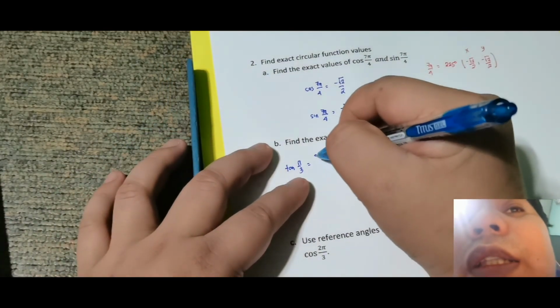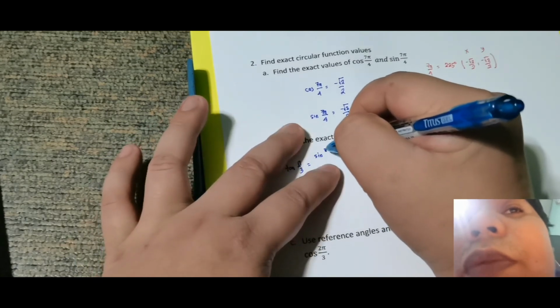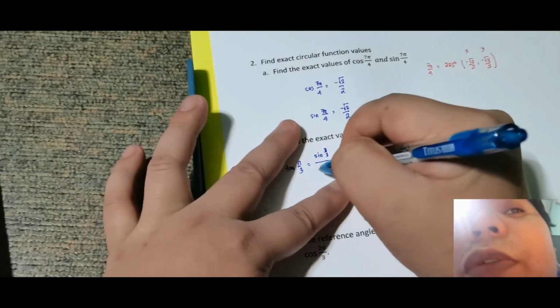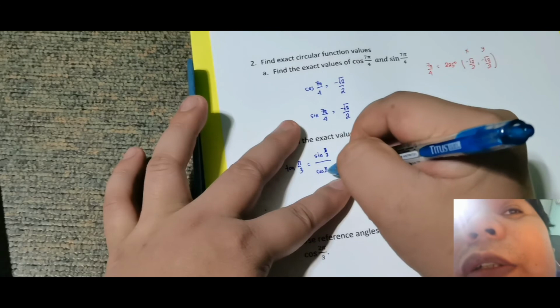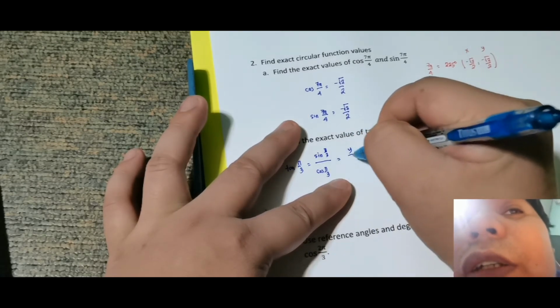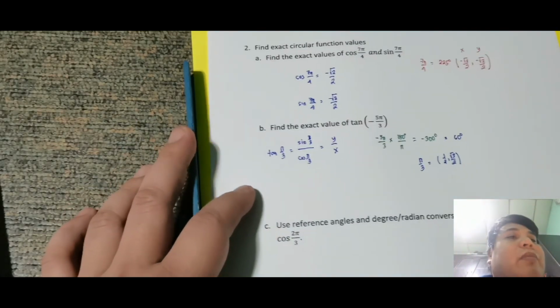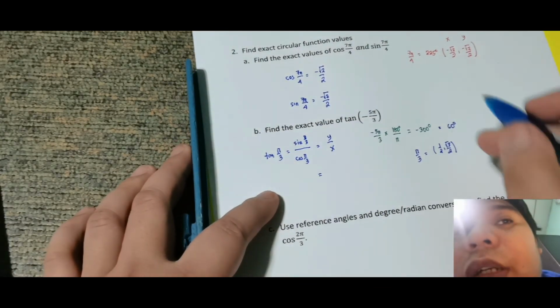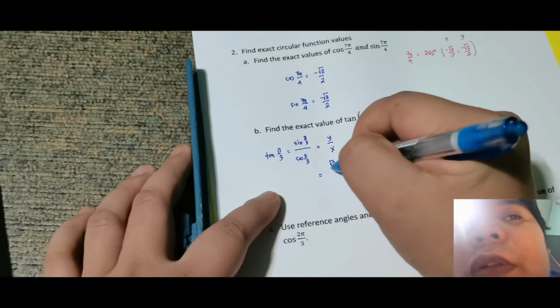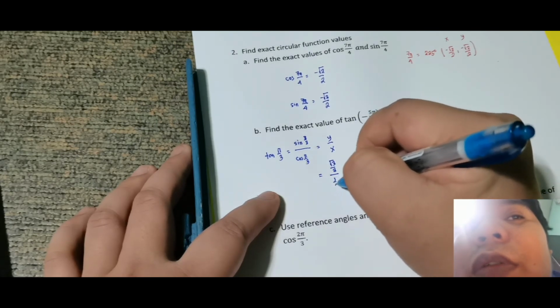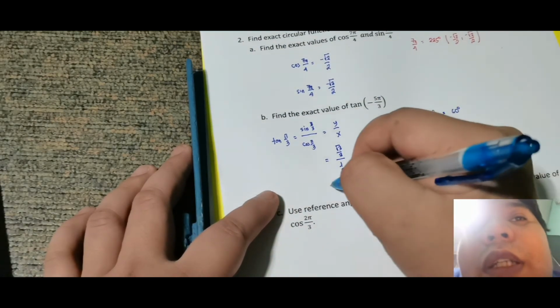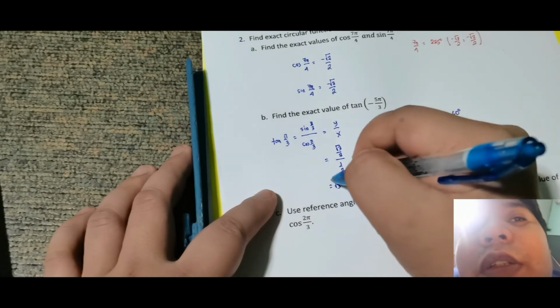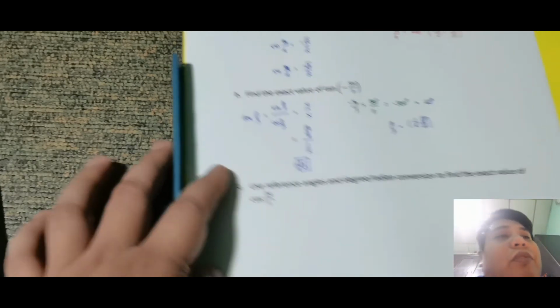This is sine of pi over 3 over cosine of pi over 3, or simply y over x according to the formula. Since this is the x and this is the y, this is equivalent to y, that is square root of 3 over 2 all over 1/2, which is equal to square root of 3. So therefore, that is its value.